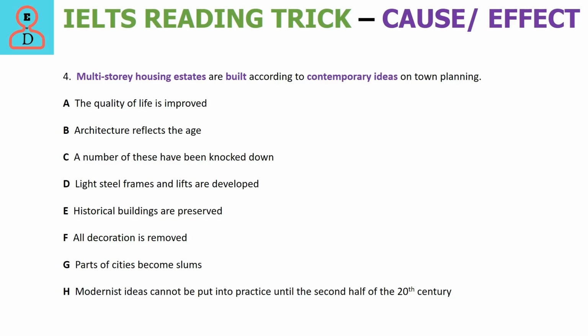Multi-story buildings mean a building with several floors, so immediately option D strikes as the answer, because in this option lifts are mentioned, which are an essential part of any multi-story building.